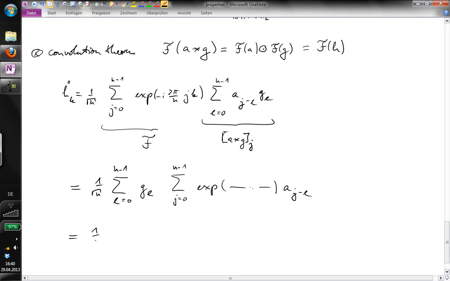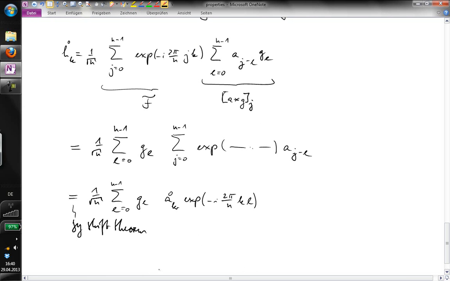And now by virtue of the shift theorem, which we've just seen, I can rewrite this as a modulated version of the transform of A. So this is by the shift theorem, and note that we had a shift here.